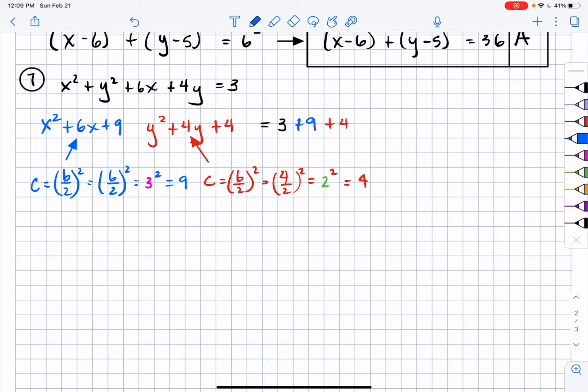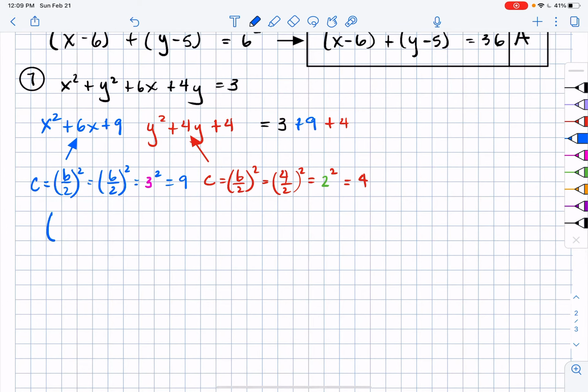So when I factor this blue one here, it's going to be (x + 3) squared. And then I'm going to add here (y + 2) squared.